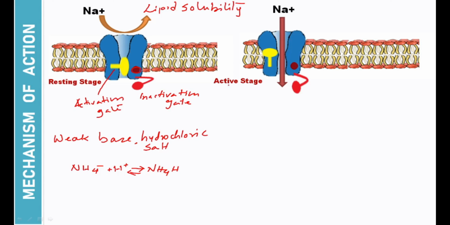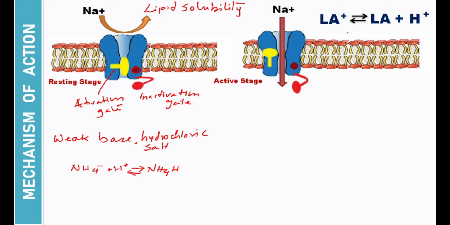Now, in the active stage, both the activation and inactivation gates are open, so sodium will come inside. Now what happens to the local anesthetics? These local anesthetics are in cationic form.